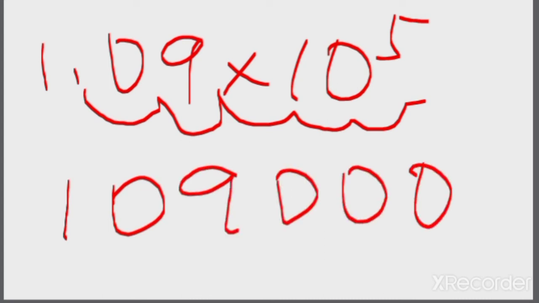So we have 1, 2, 3, 4, 5. So the answer of 1.09 times 10 to the power of 5 is 109,000.